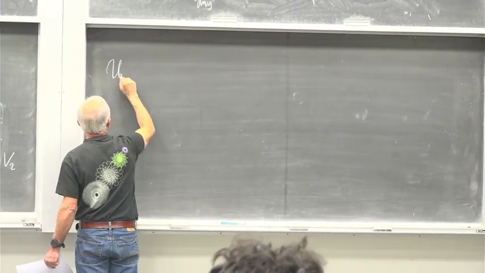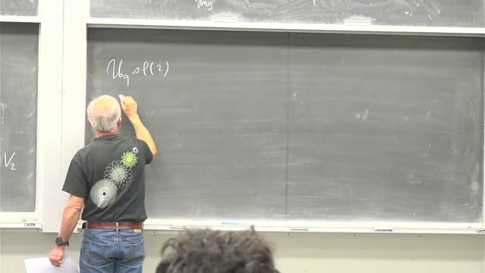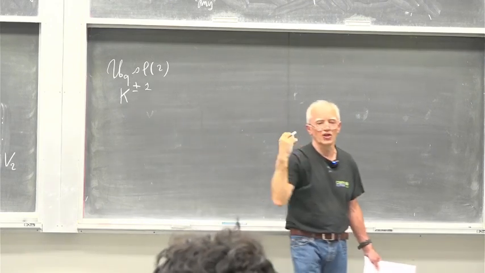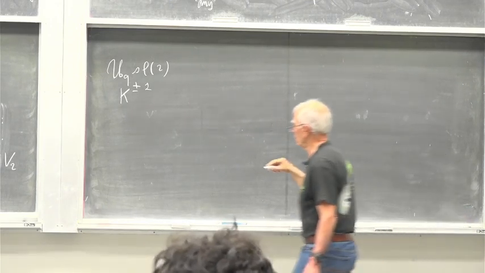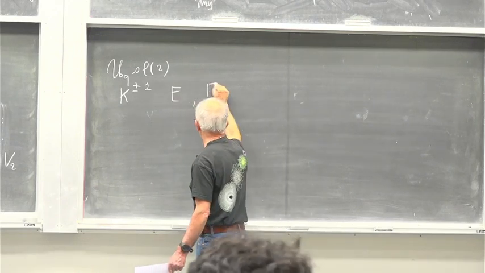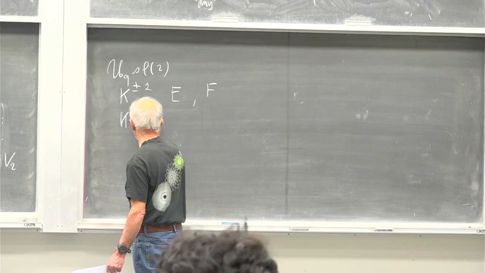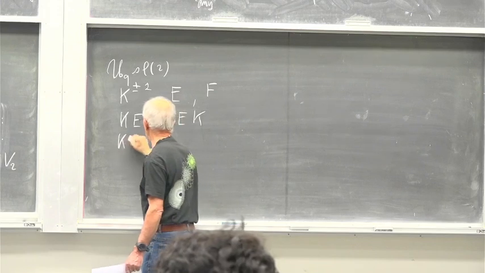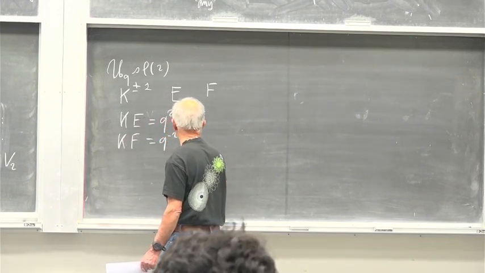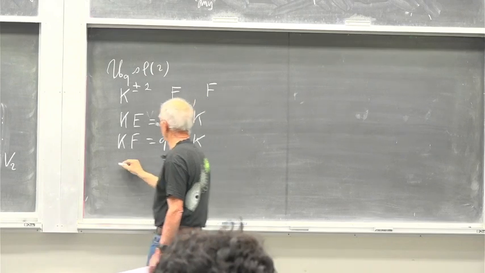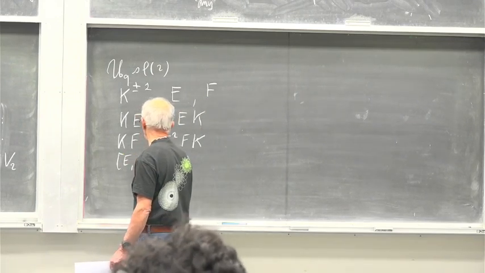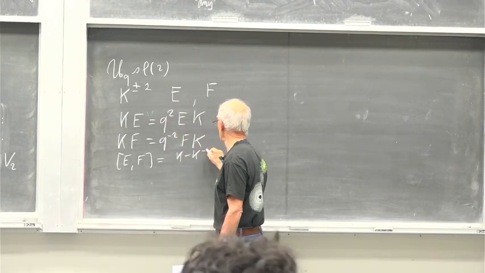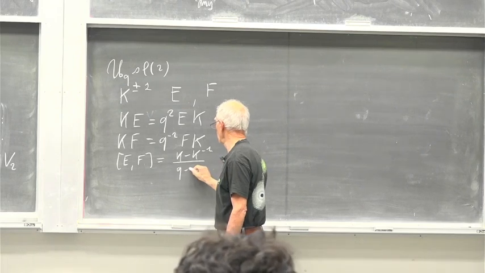So we take U_q(SL2) to be generated by K plus or minus 1, and you think this is a version of exponential h, big E, big F, with relations KE equals q^2 EK, KF equals q^-2 FK, and the bracket [E,F] equals (K minus K^-1) over (q minus q^-1).